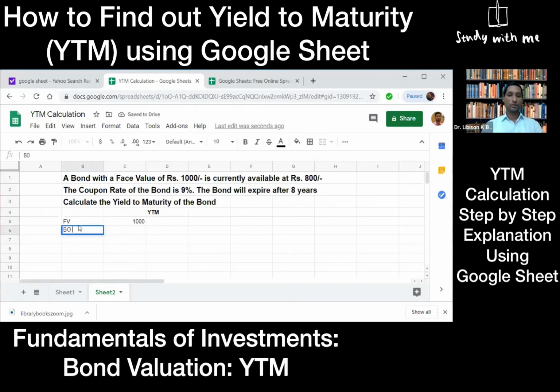B0 or current market price is equal to 800. Coupon rate C is equal to 9%. T, maturity period, is equal to 8 years. So we have all these in the problem. We are asked to find out yield to maturity of the bond.